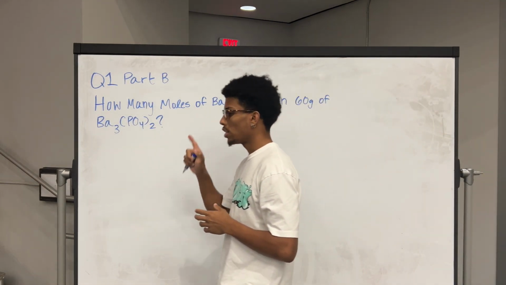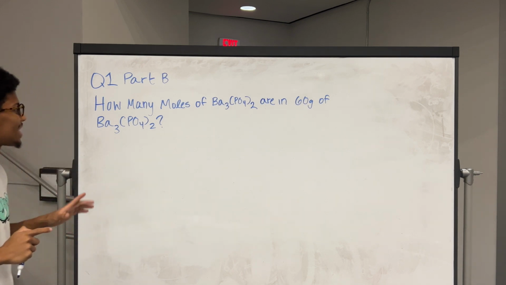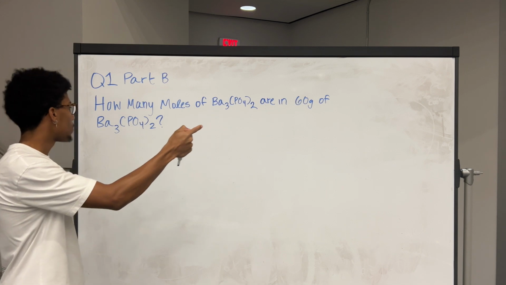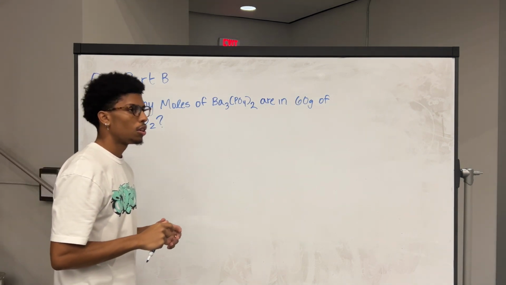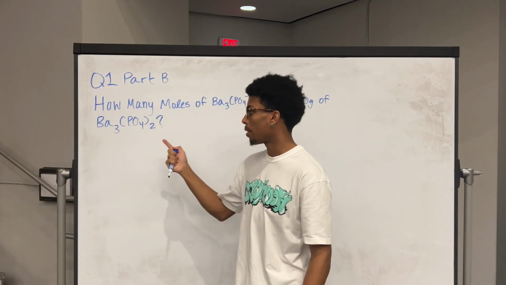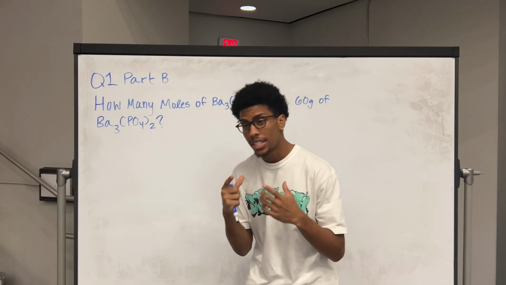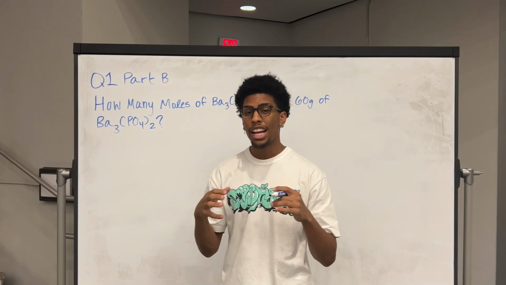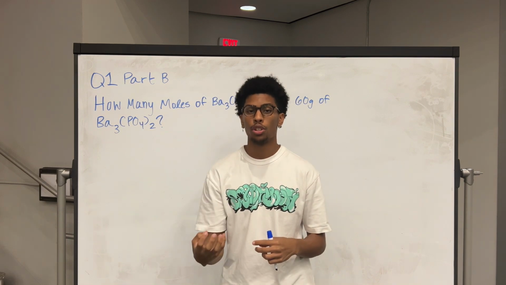Now let's solve question 1, part B. Question 1, part B says, how many moles of barium phosphate are in 60 grams of barium phosphate? For sake of time, I'm not going to solve for the molar mass of barium phosphate again because that is question 1, part A, but understand on the exam, questions are not going to be attached with one another, and so you're going to have to solve for the molar mass again to then use it as a conversion factor.